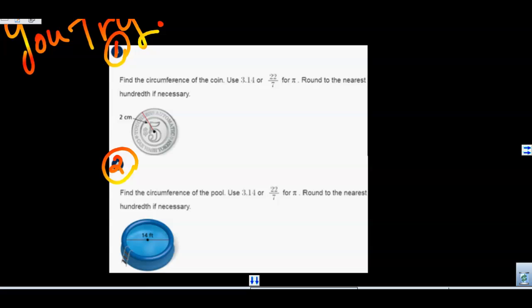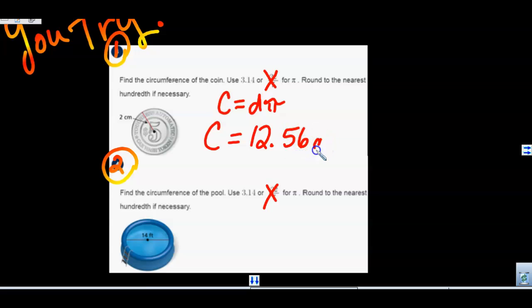Now that you've tried the problems, let's talk about the answers. For the purposes of this math lesson, we're going to stick with using 3.14. Remembering that the circumference is equal to the diameter times pi, we found, or you should have found, that the circumference of this coin was equal to 12.56 centimeters.